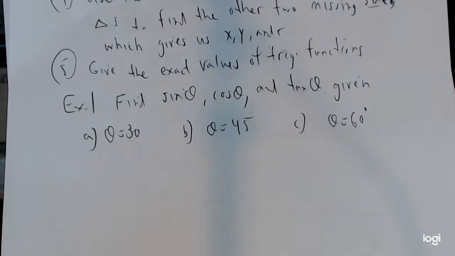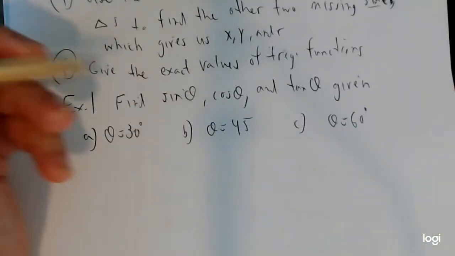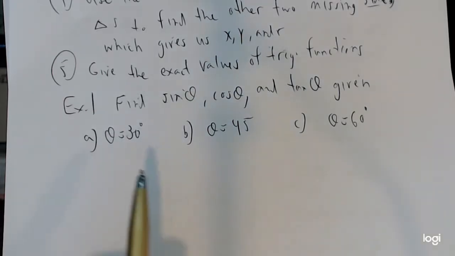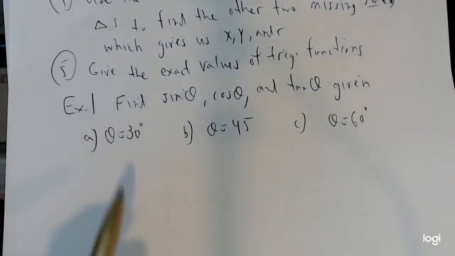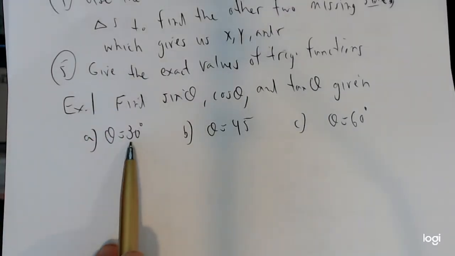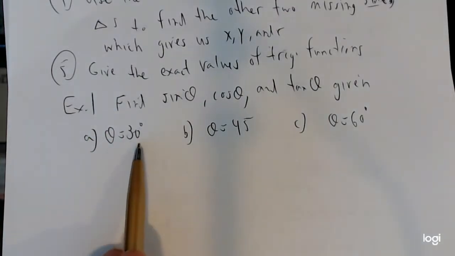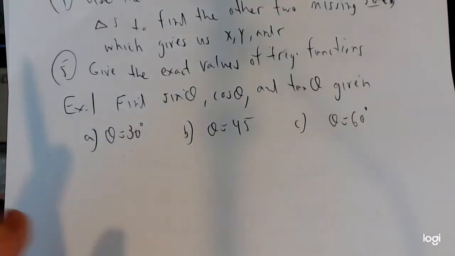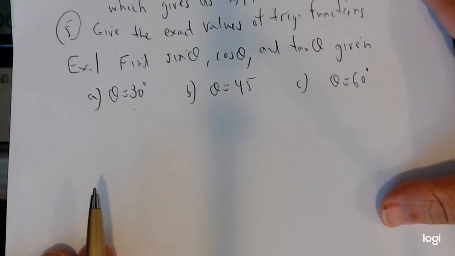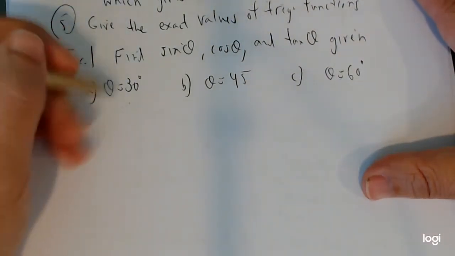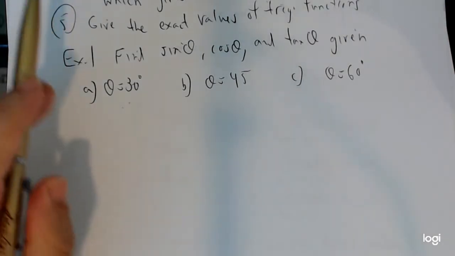So let's do the first one together, and then I would recommend that you pause the video and do the other two by yourself, and then you can check to see if you did the steps right. So notice how they're giving us the angle. And remember, since we have the angle, we're going to replace theta with 30 degrees for this one. But before we find sine of 30, cosine of 30, and tangent of 30, we need to follow the steps that I gave you earlier.